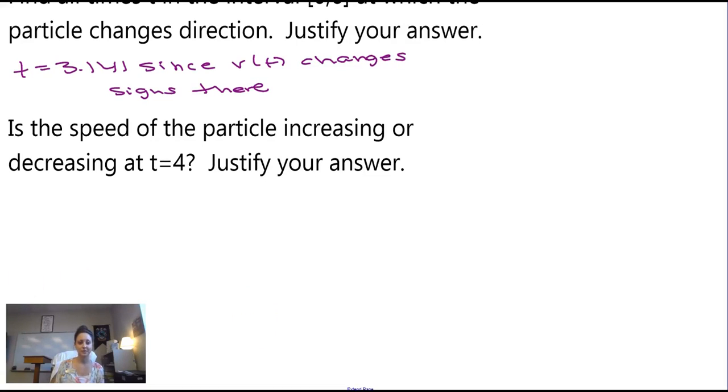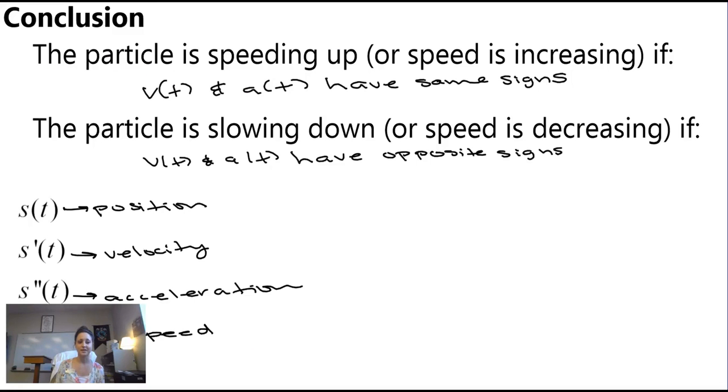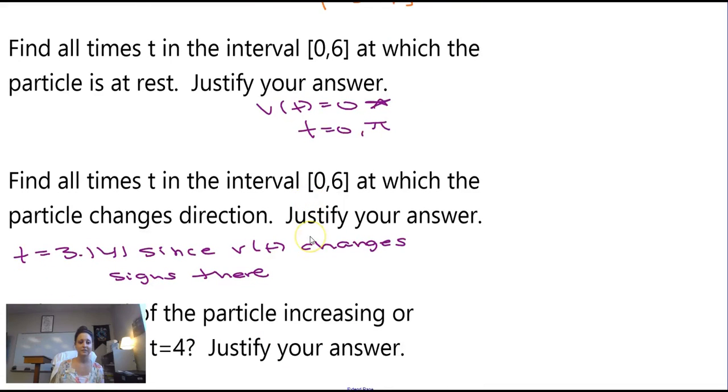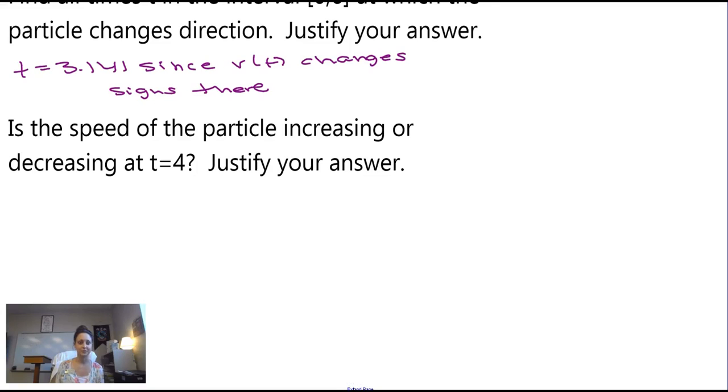Well, remember the conclusion we made over here was that the particle's speed is increasing if velocity and acceleration have the same signs, decreasing if they have opposite signs. So, let's work with that. Let's find velocity and acceleration at t equals 4.